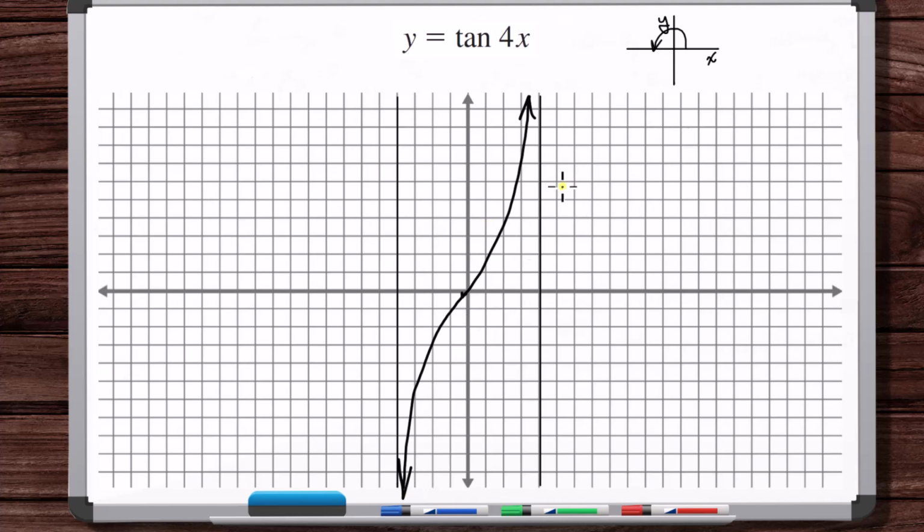If there's any flipping, horizontal or vertical, we'll know tangent starts off like this, and then cotangent starts off like this.